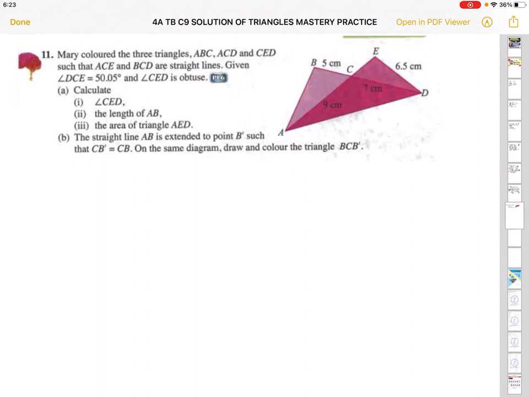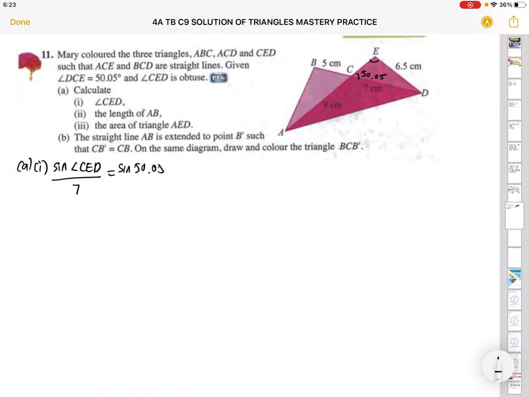This is 50, 50.05, very small, right? So we're supposed to calculate angle CED. CED is over here, so we use sine rule. Sine angle CED divided by the opposite length 7, right, is equal to sine 50.05 over opposite length 6.5. Okay, use your calculator.